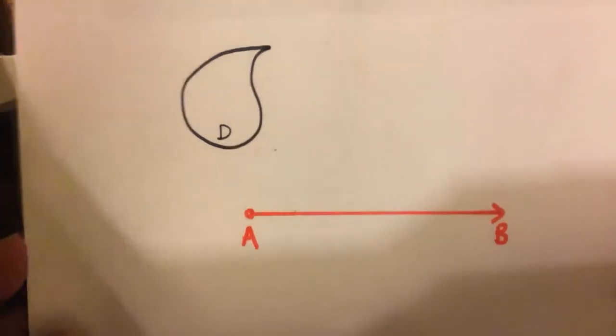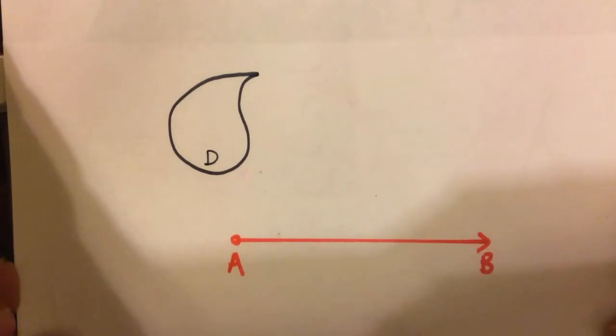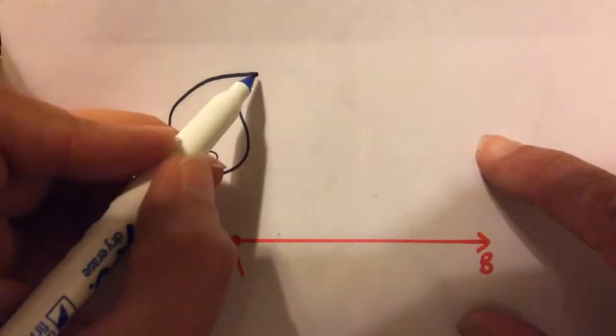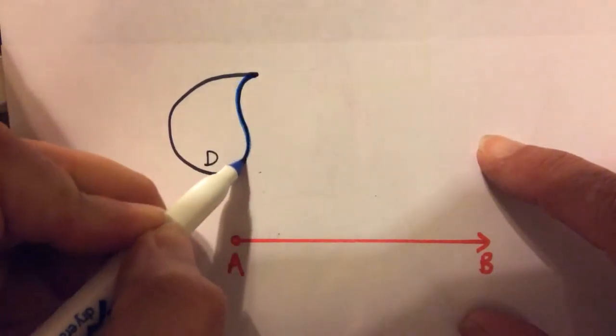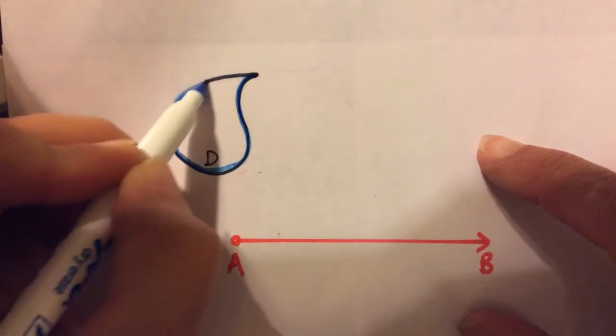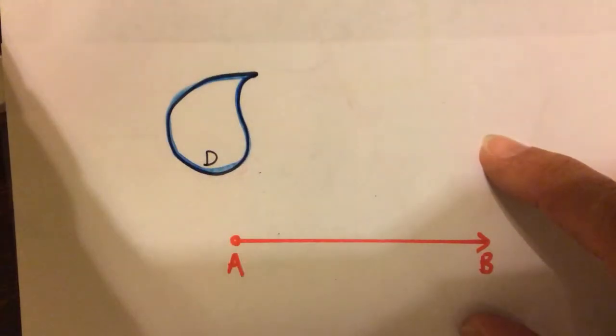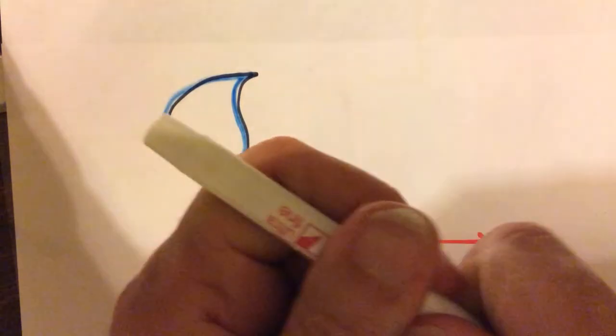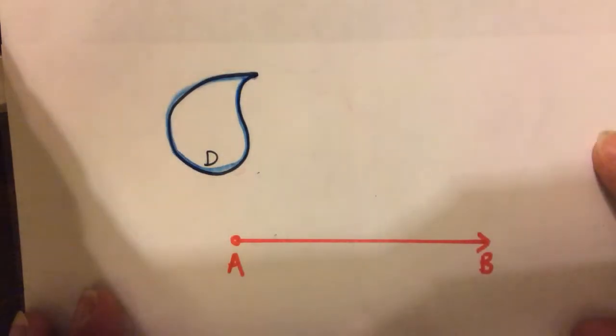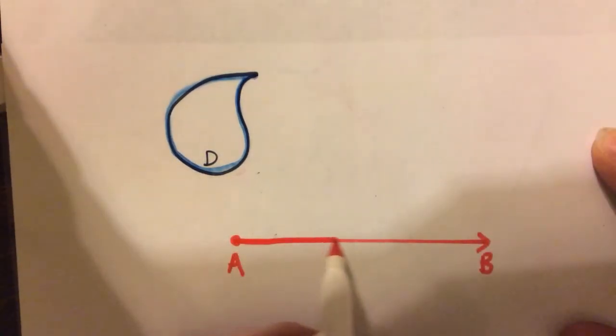So here I have figure D right here. I'm going to trace it, and I'm going to translate it along vector AB right here. Oops. Translate it along vector AB. That's kind of a long way.